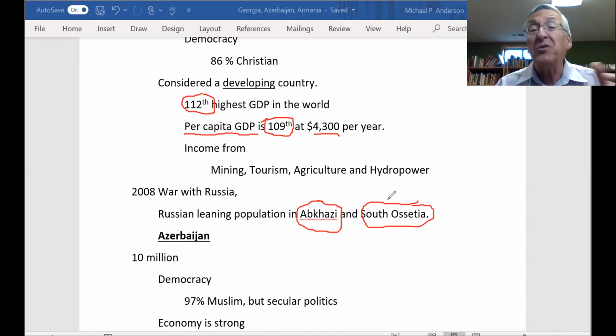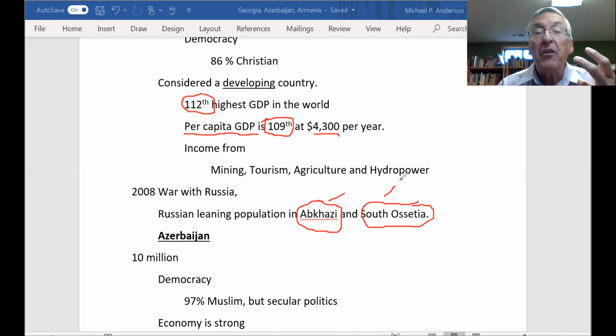Remember, Russia's got nukes. We got nukes. We're not going to war with Russia over a country of Georgia, which most Americans had no idea what it was, and certainly not over these two little provinces Americans have never heard of. And so basically the Russians have their way, and they don't take over these countries or these little provinces.